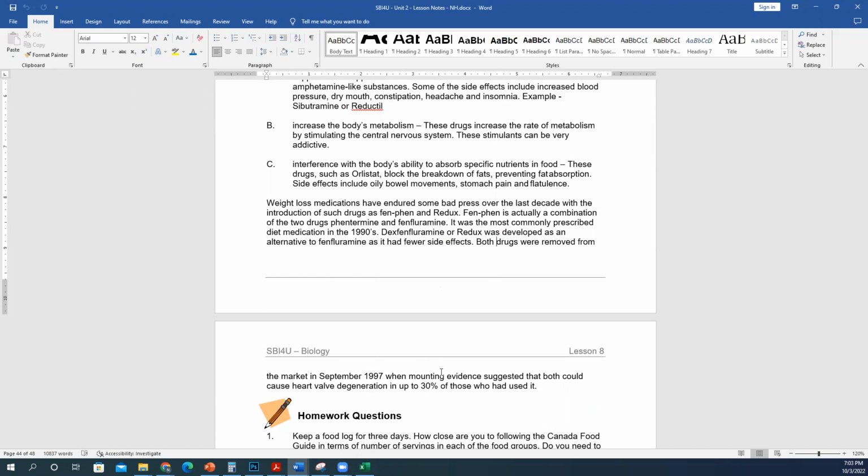So pretty significant numbers, and pretty dangerous drugs with pretty dangerous effects.